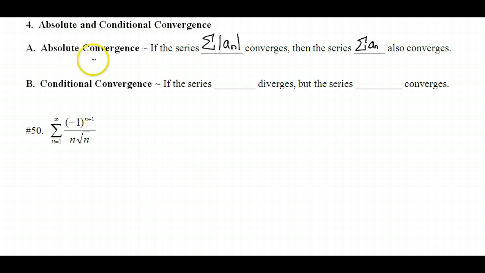So absolutely convergent basically means, and we can write this underneath, how can we write this so it makes sense? So absolute convergence: does the series converge whether it is an alternating series or not?